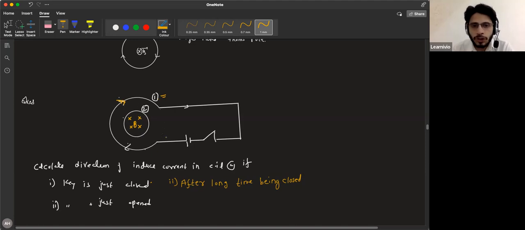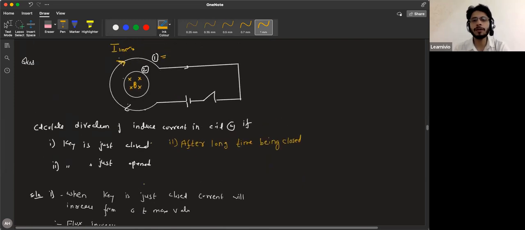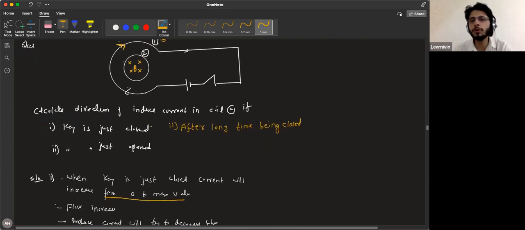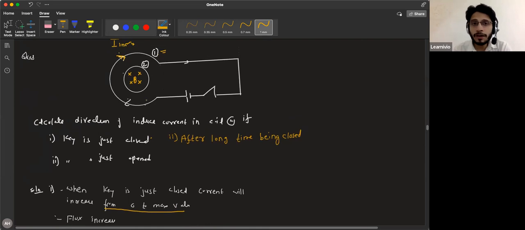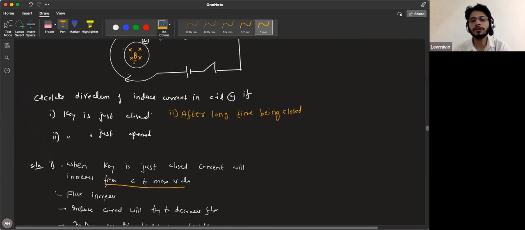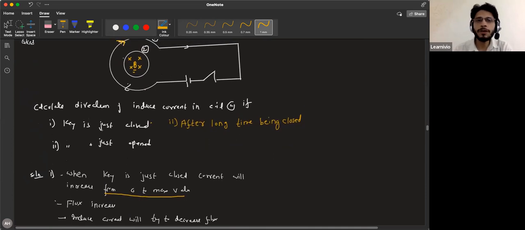Now, when you just close the key, your current starts increasing, right? In the first part, the current increases from 0 to a maximum value. When current increases, this magnetic field increases, the flux increases. There will be an induced current in the coil, and that induced current will try to decrease flux.